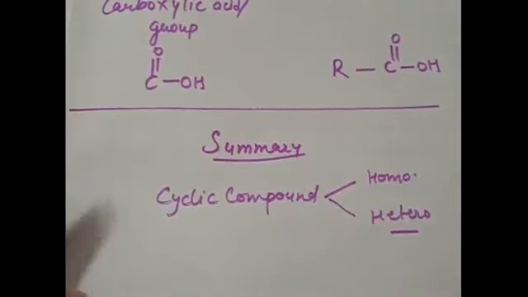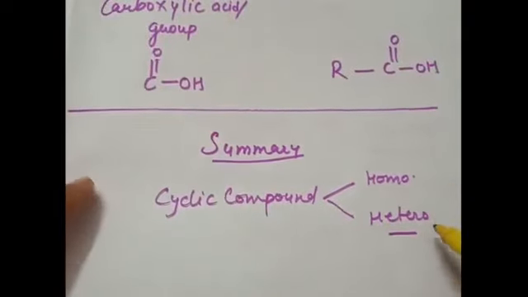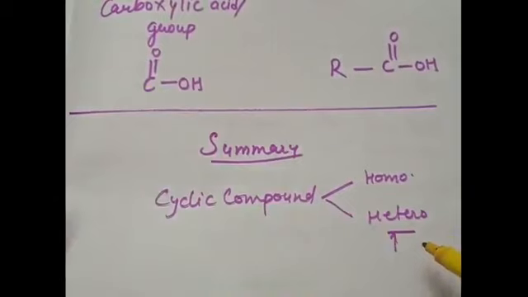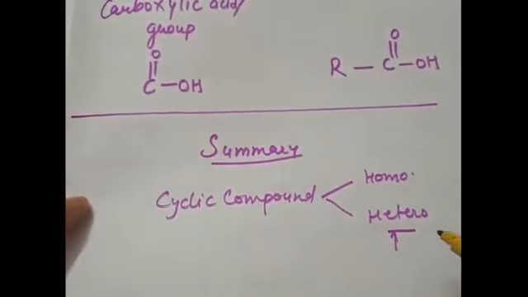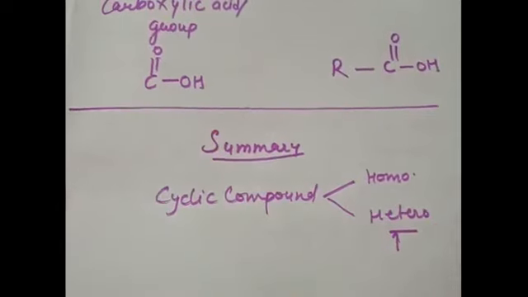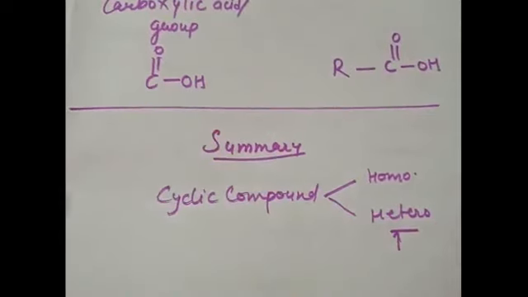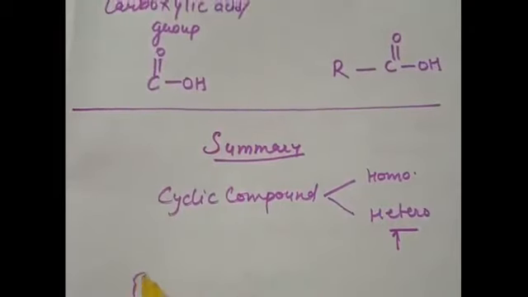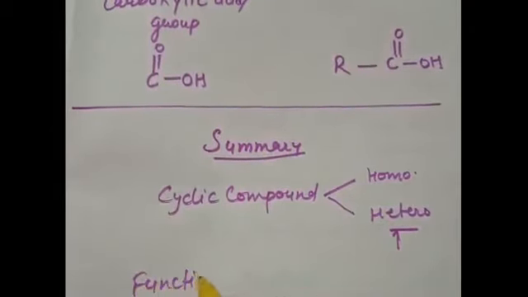We have seen examples of homocyclic and heterocyclic both. In heterocyclic we have done thiophene, pyrrole and furan. These were important structures. We have also done pyridine. Then we have done the functional groups.